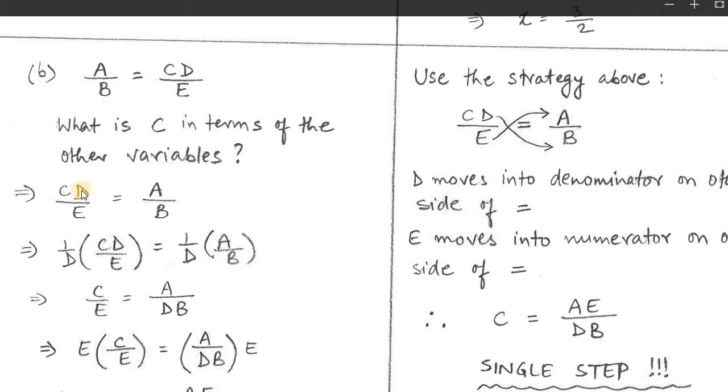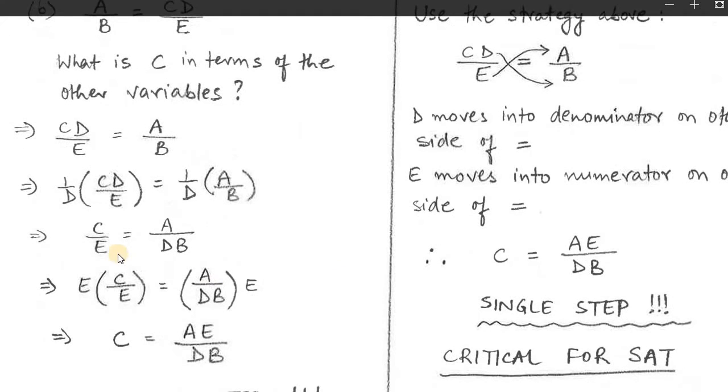Now, to solve for c, we want to get rid of d and e. So we first get rid of d by dividing this left side by d, and doing the same thing, dividing it by d on the right side. Right? That's typically what we do as the first step. Now d and d cancel off, so we are left with c over e equals a over d b.